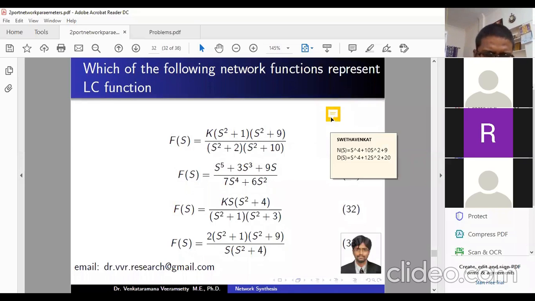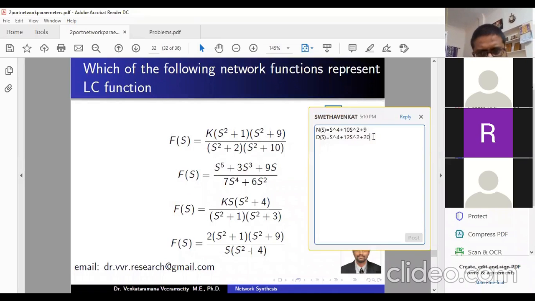So how can we arrange this one? N of s equals, taking s common, we have s to the power of 4 plus 3 into s square plus 9, right?